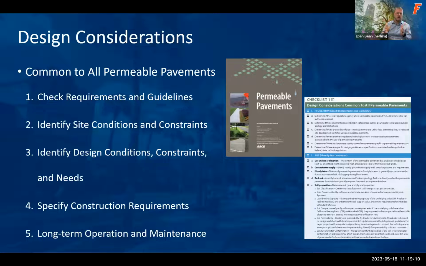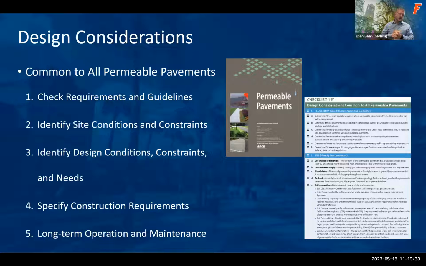So, considering design considerations that are common to all of our types of permeable pavements. You want to look at, number one, checking the requirements and guidelines for permeable pavements. Identifying what your site conditions and constraints are. So what are your soil types? What is your traffic loading? Those kinds of factors. What's going to happen here?